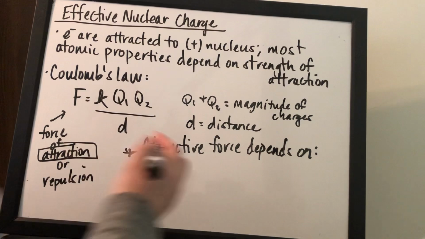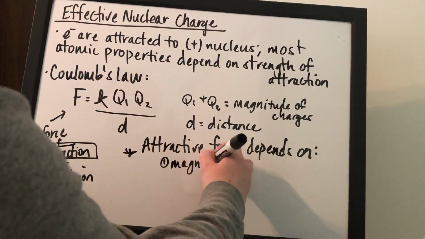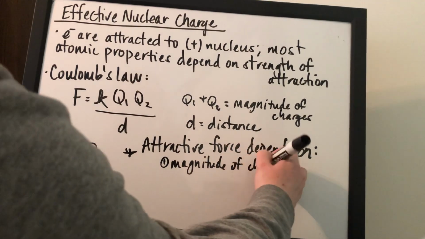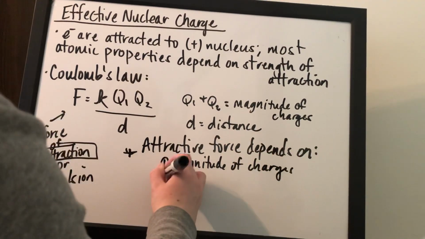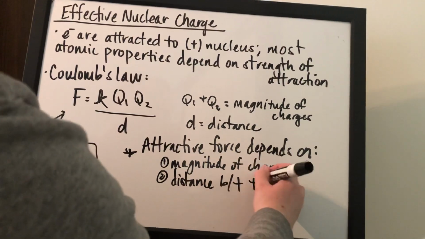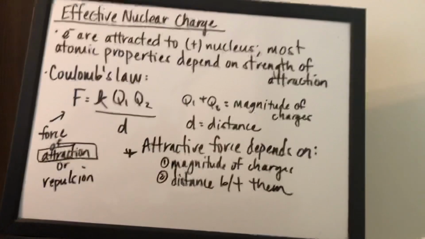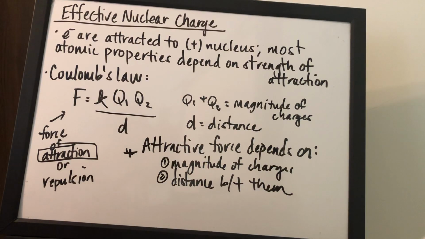So the attractive force depends on, one, the magnitude of the charges, and two, the distance between them. That's an important point. We're going to keep going with that idea after I clean off the board.